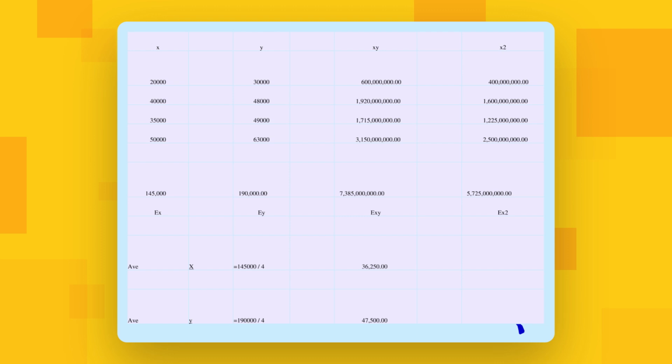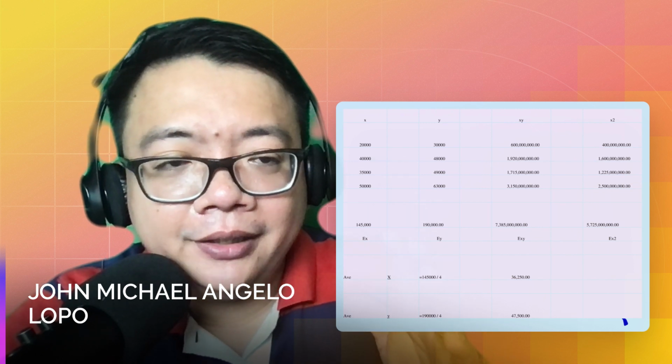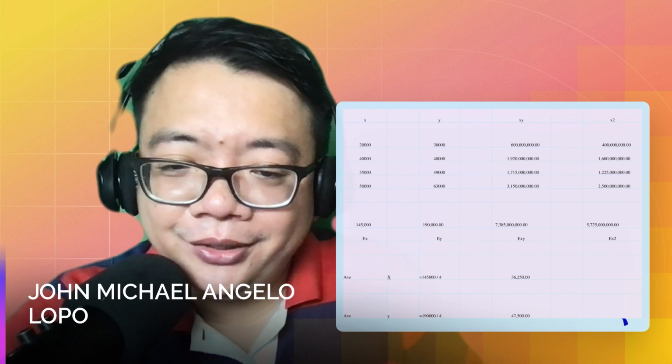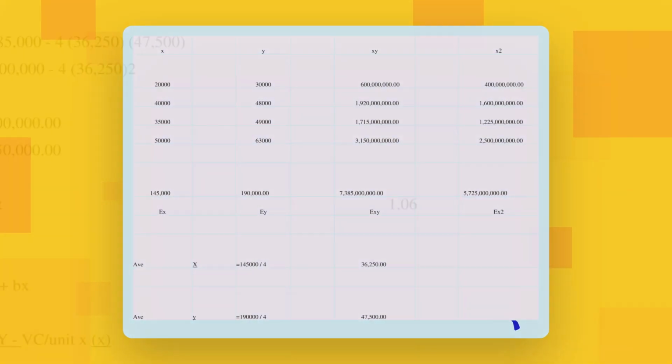Just divide it by 4 and you have 47,500. This is what you do first. It is a bit long compared with computing for our high-low method. Class, this appears in the CPA board exam.